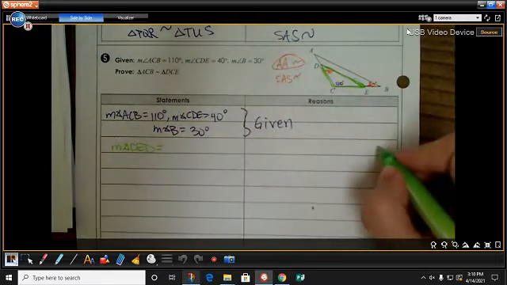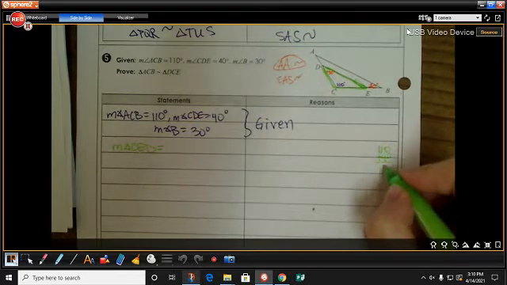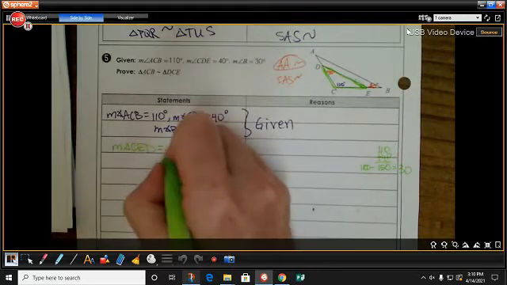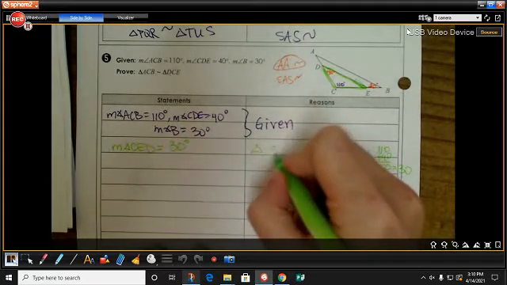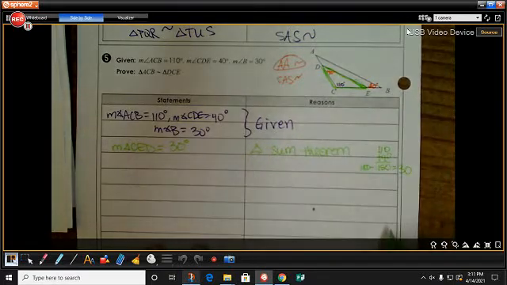So I've got 110 plus 40 equals 150. And when I do 180 minus 150, I get 30 degrees. So I have 30 degrees for this angle. And this is because of our triangle sum theorem, which tells us that triangles add up to 180.